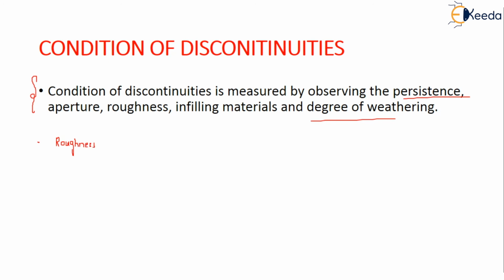Roughness is the most important parameter to know the condition of the discontinuity, like what is the impact, what is the degree of discontinuity. Depending upon this, we have five different kinds: very rough, rough, slightly rough, smooth, and slickensided.